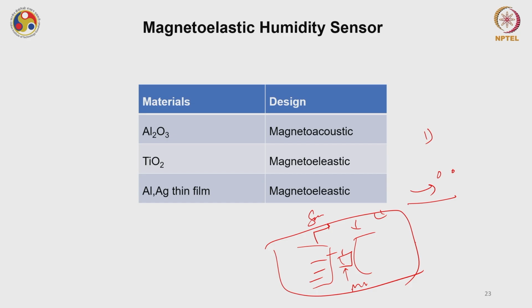Similarly, we have seen QCM based devices where the natural frequency of quartz is used as a sensing parameter. If there is any change in this frequency because of the loading of some humidity molecule or water molecule on the quartz substrate, because there is already an absorbing layer on top, we can calculate the shift in this frequency.